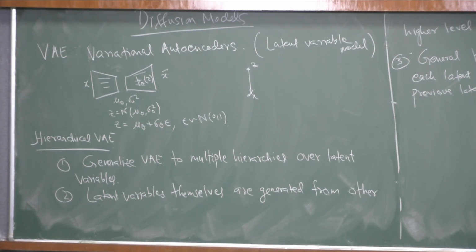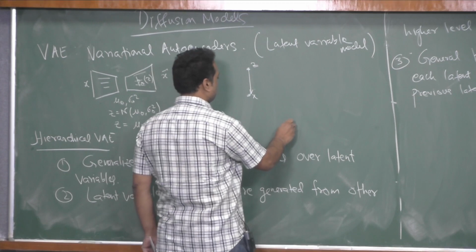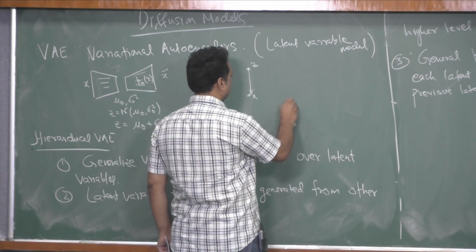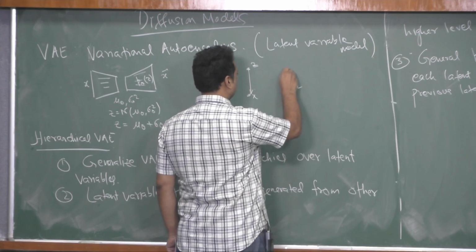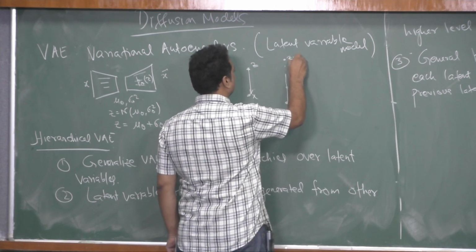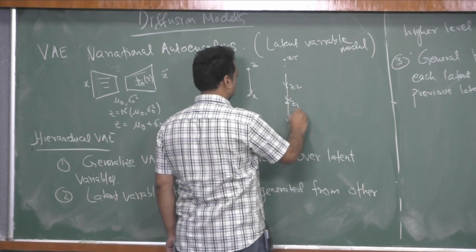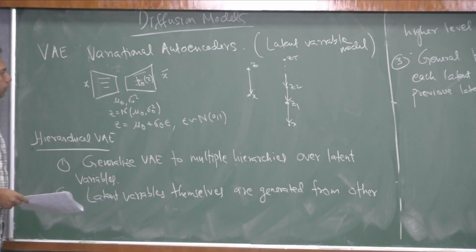And then going towards diffusion model, what we want is to build on the VAE, and create a hierarchical VAE. So here in this case, we may think of X, then Z1, Z2, and so on, ZT. Okay, so this is what we are thinking of when we are saying hierarchical VAE.